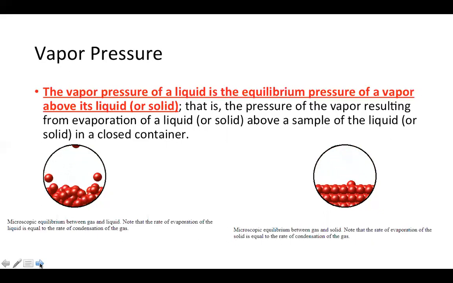Say we have some liquid that is being vaporized.